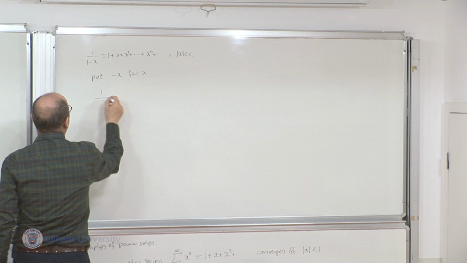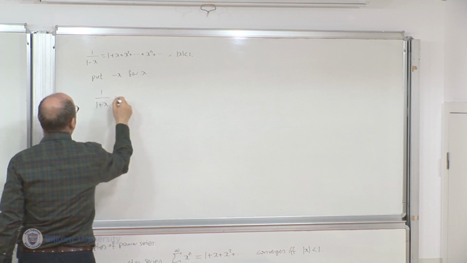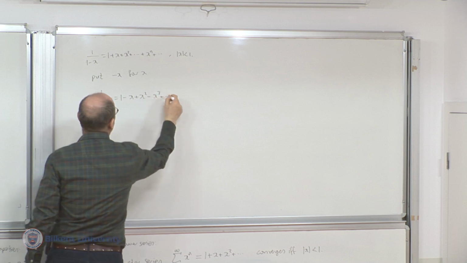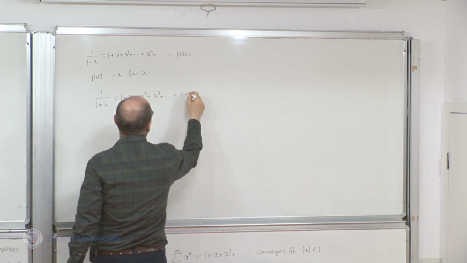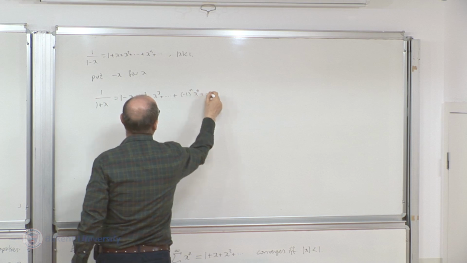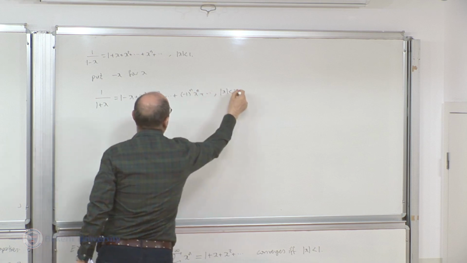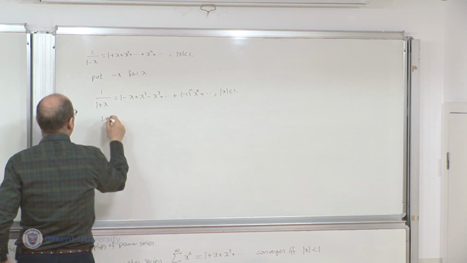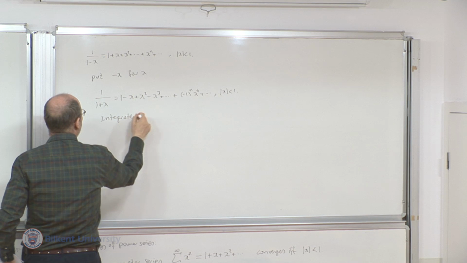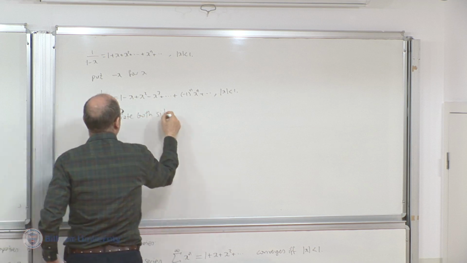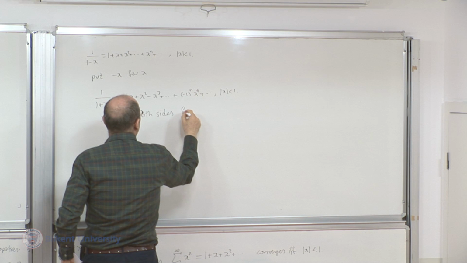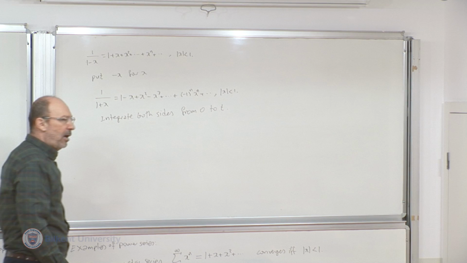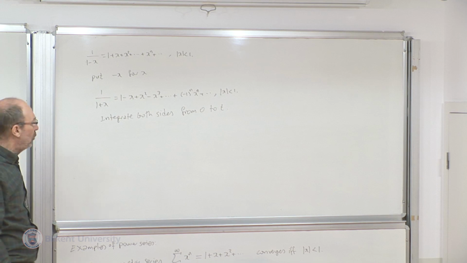So this becomes 1 over 1 plus x equals 1 minus x plus x squared minus x cubed plus and so on, for absolute value of x less than 1. Now integrate both sides, say from 0 to t; I'll then make t equal to x again.